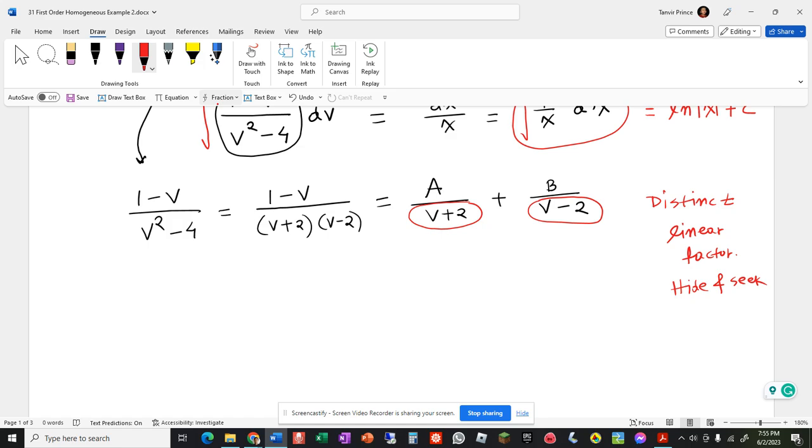In this method, you can actually find A and B directly without any calculation, really. So let's take a look at it.